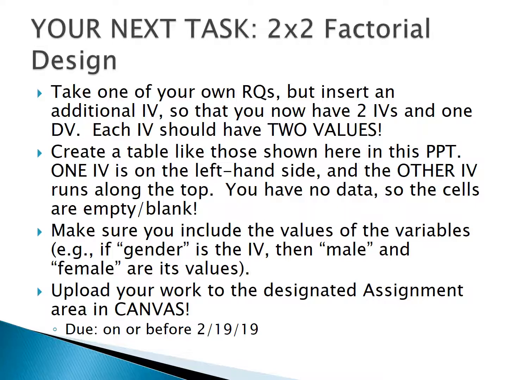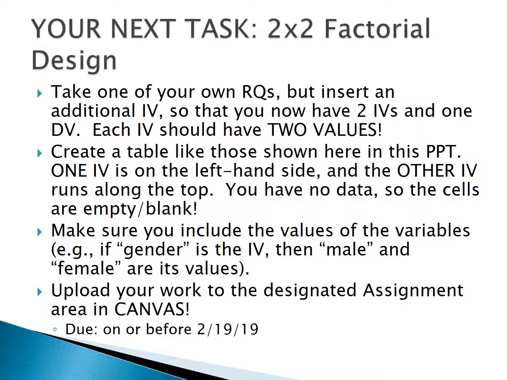All you need to do is take one of your old research questions that you were working on. Your old questions where you said, what is the relationship between an IV and a DV, now needs to be altered so that you have a second independent variable. Each of your independent variables can only have two values to them to be a 2x2 factorial design.